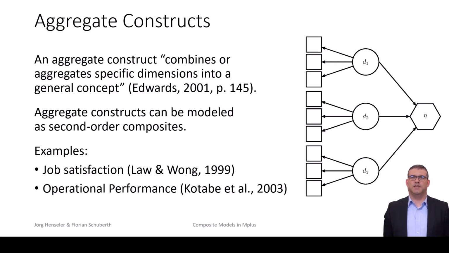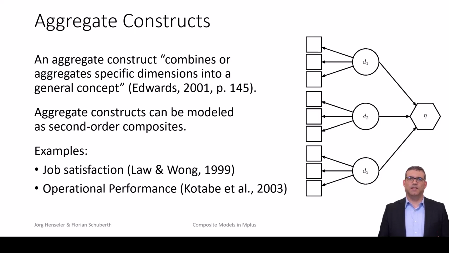Another field of application of composites are aggregate constructs. An aggregate construct combines or aggregates specific dimensions into a general concept, according to Edwards, 2001. Well, an aggregate construct is depicted here on the right. And we see that we have lower order dimensions, latent variables, that are measured by means of observed variables.